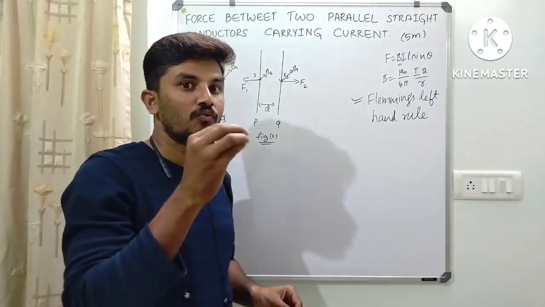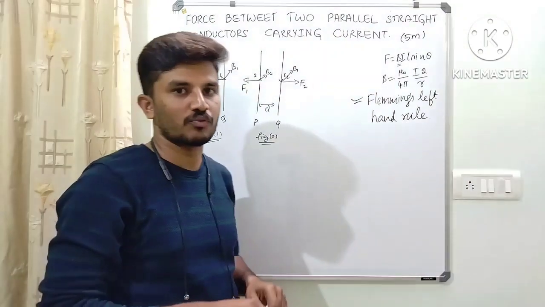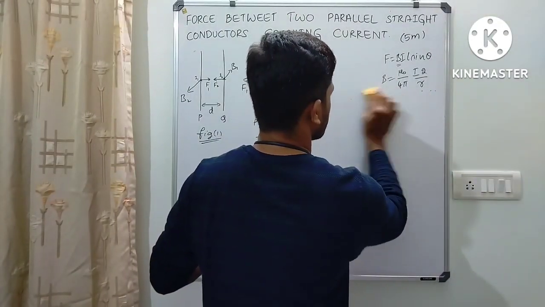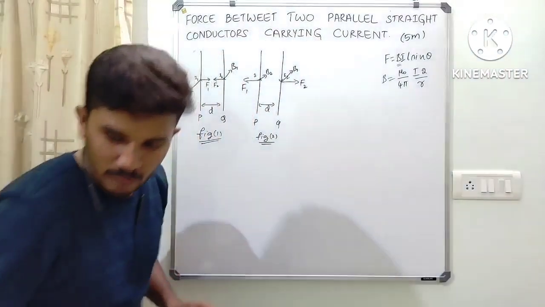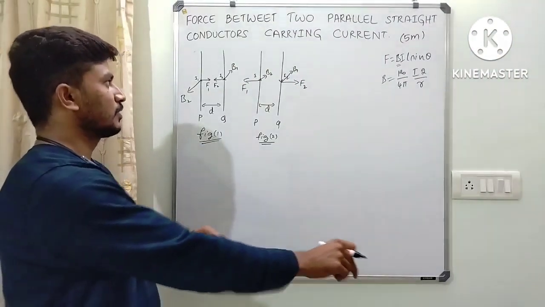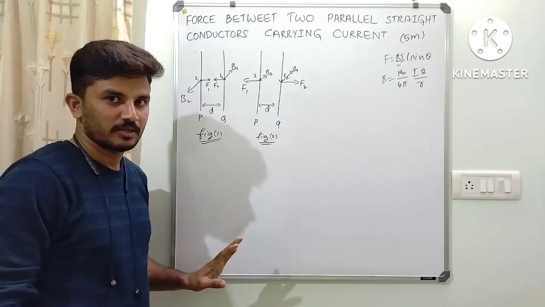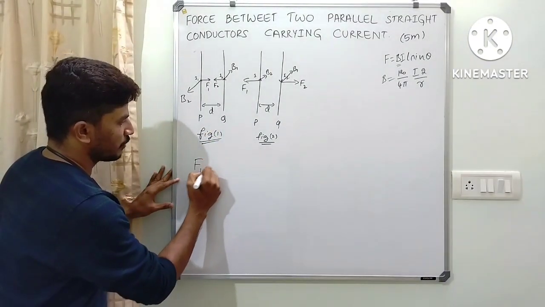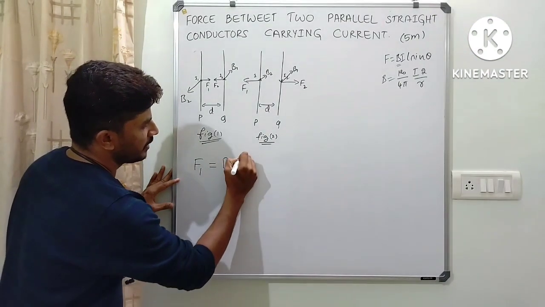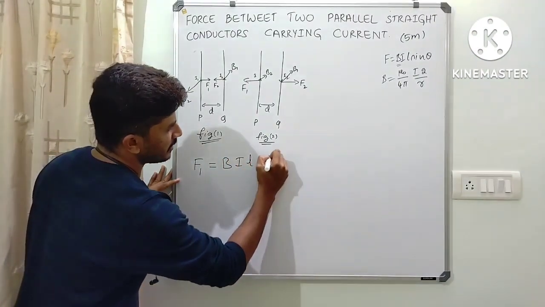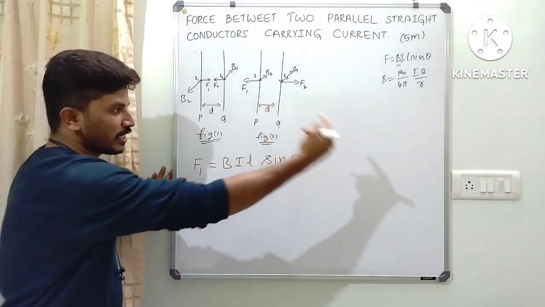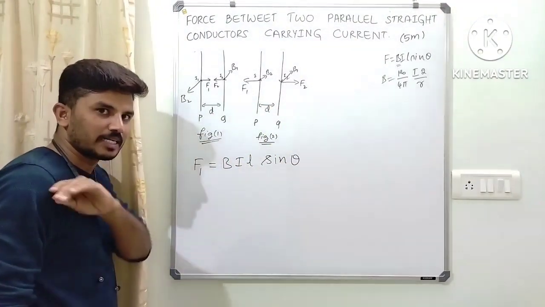What is the formula for the magnitude of magnetic force? Let me explain that. Here in both the cases, F2 or F1 is given by BIL sin theta. Similarly, F2 is also given by BIL sin theta, that I will write later.